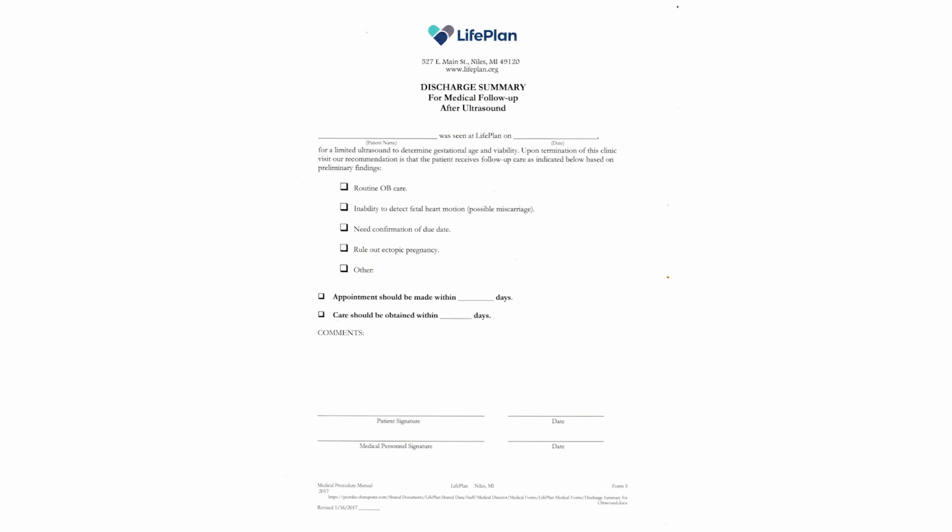At that point, we will have them sign the miscarriage precautions, and we'll encourage them to contact their doctor if we find that there is no heartbeat. We may have them come back in for another ultrasound if it was inconclusive. At that time, we'll have them sign that discharge summary. We'll also give them the patient exit questionnaire to fill out confidentially.